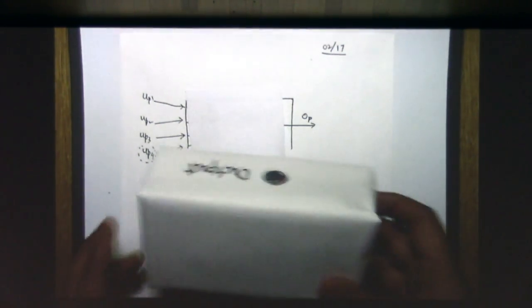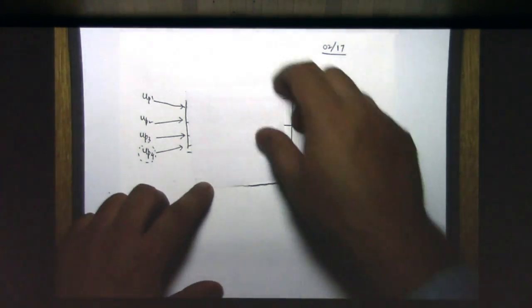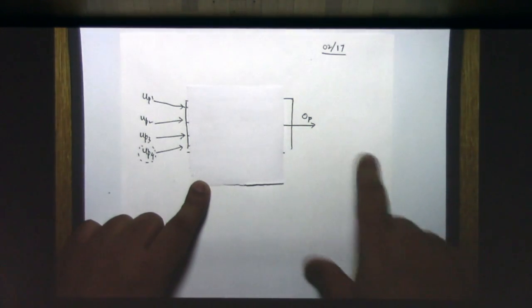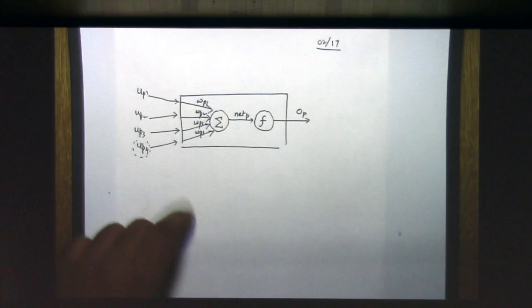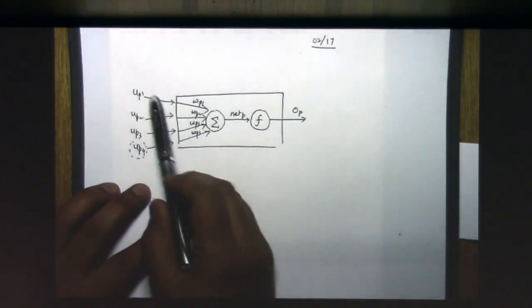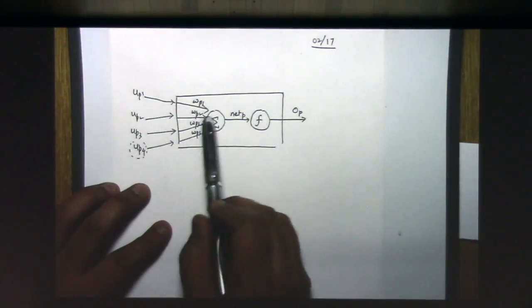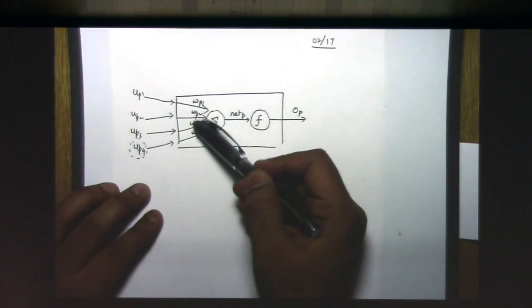But what happens inside is, when you open this box, this is again the same schematic of the box, the inputs going in, output coming out. When you open this box, you see that inside there are a bunch of wires going in, and we have looked at it earlier. You have these inputs all going inside, and on each one of these leads there is a weight attached.